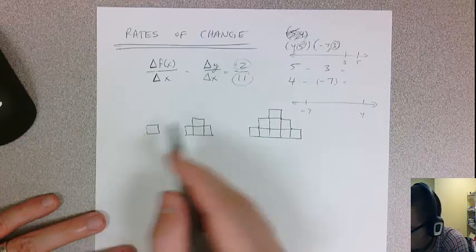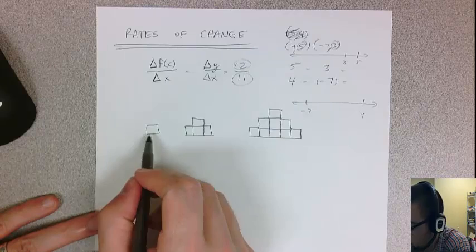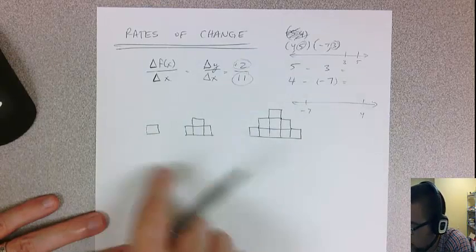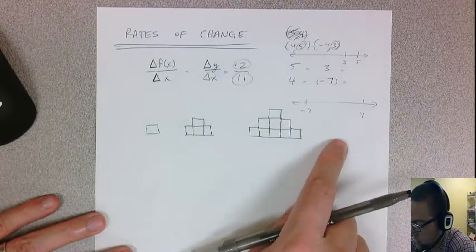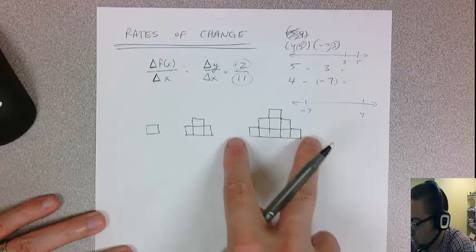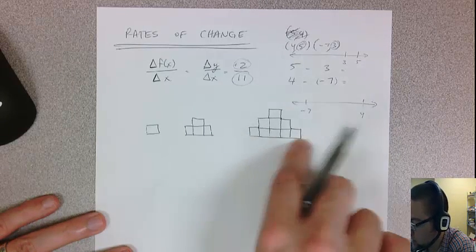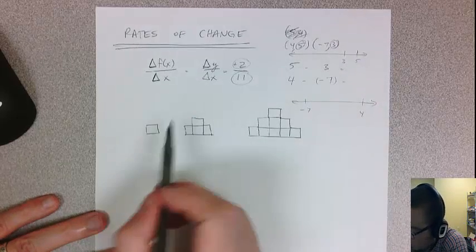So here's an example. We have this pattern that's growing, and you can kind of see how the pattern is growing, and even guess what the next one would be. It would just be 2 more going out like this, filled in.